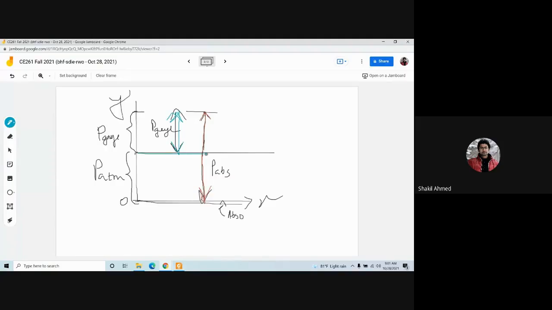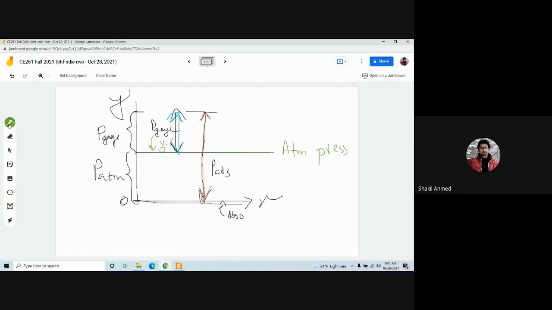So this is your absolute, and this is your atmospheric pressure level. So this is actually a virtual zero when you measure gauge pressure, right? For gauge pressure, this is zero, this is virtual zero, sir, and this is the absolute zero.